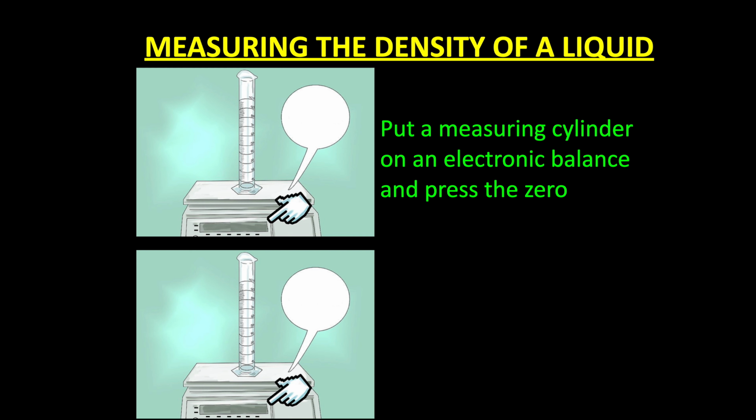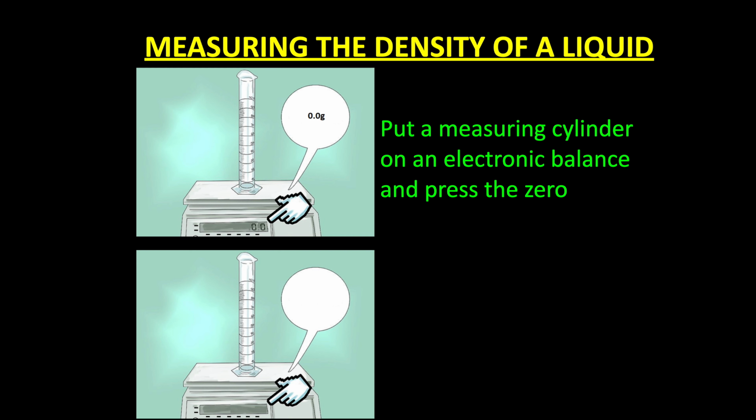So for a liquid, the first thing we're going to do is place a measuring cylinder on a balance like this. Next, we're going to press the 0 button, and this allows us to only measure the mass of the liquid inside, but not the mass of the measuring cylinder.